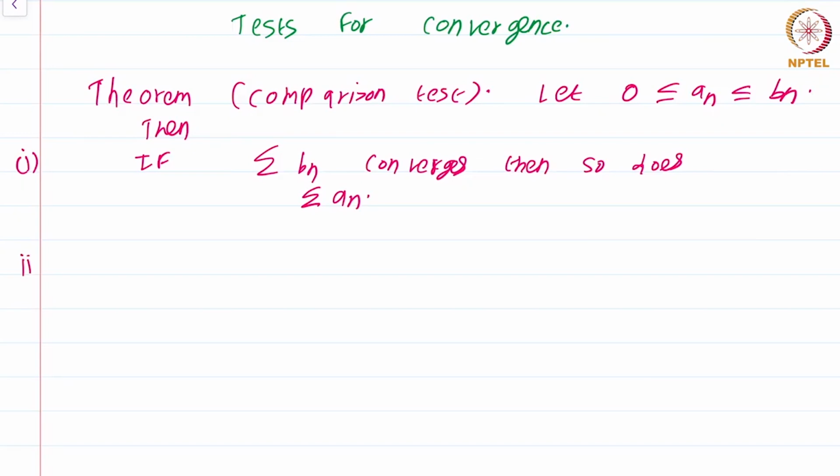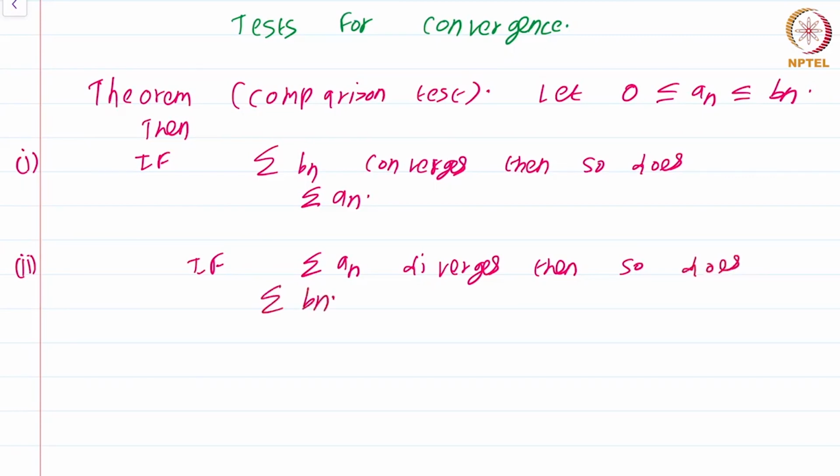Part 2, if summation an diverges, then so does summation bn. The proof of part 2 is fairly easy, so I will just prove part 1.